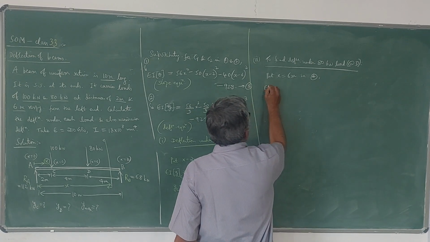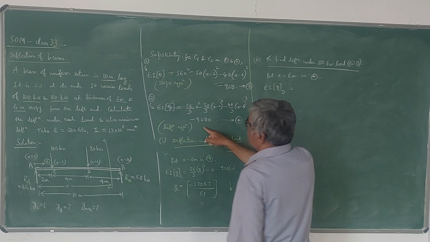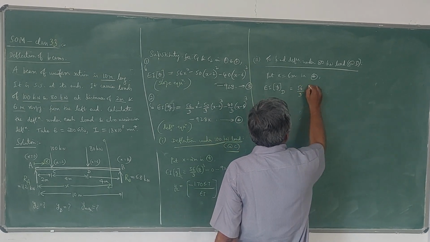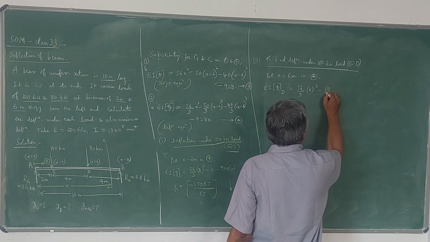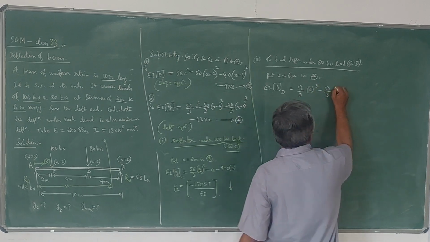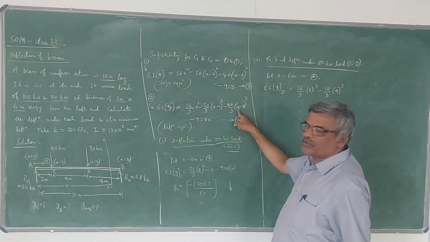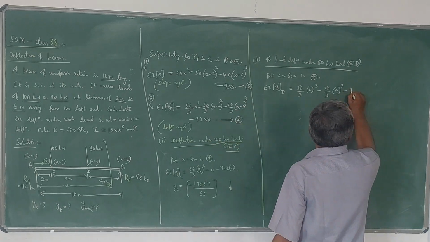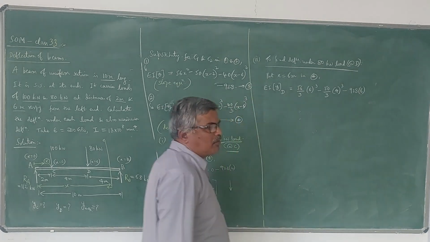So here we get EI into YD is equal to 56 by 3 into 6 cube minus 50 by 3 into 6 minus 2 is 4 cube. And of course here if you put x is equal to 6, it becomes 0. So this one becomes 0. Minus 928 into 6. So negative terms should be omitted, that's all.